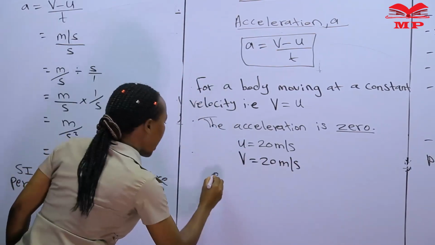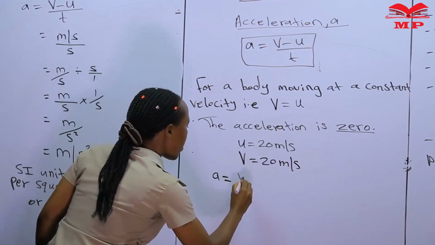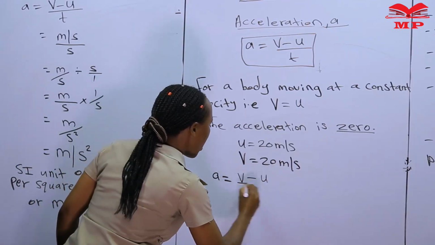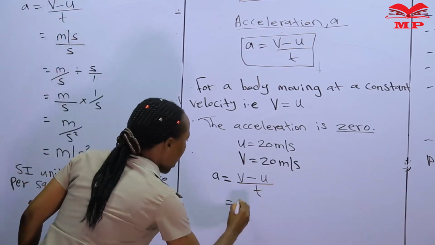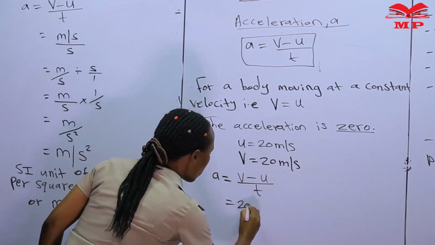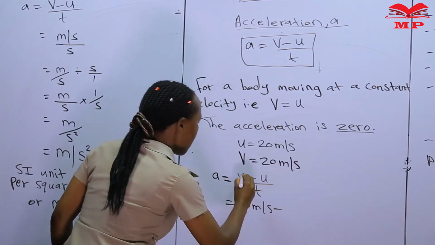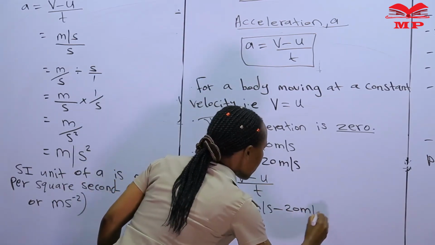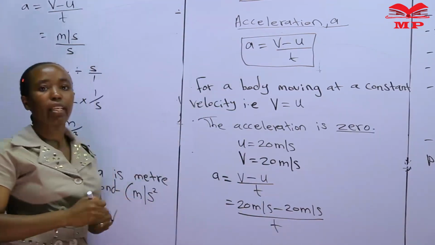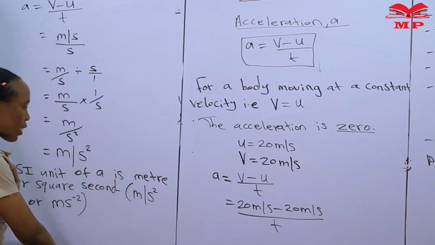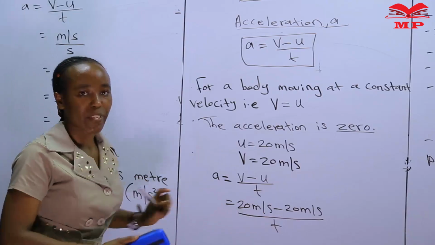It means that acceleration will be final velocity minus the initial velocity divided by the time taken. So we are going to have the final velocity 20 meters per second minus the 20 meters per second. We divide by the time taken. Time taken can be 2 seconds, it can be whatever the number of seconds.